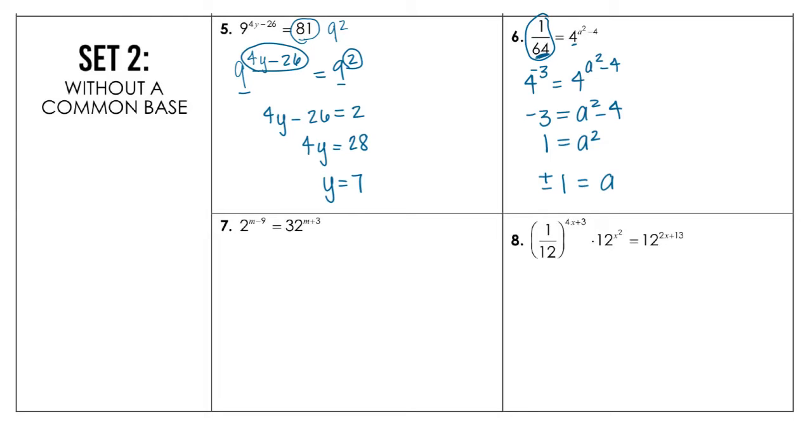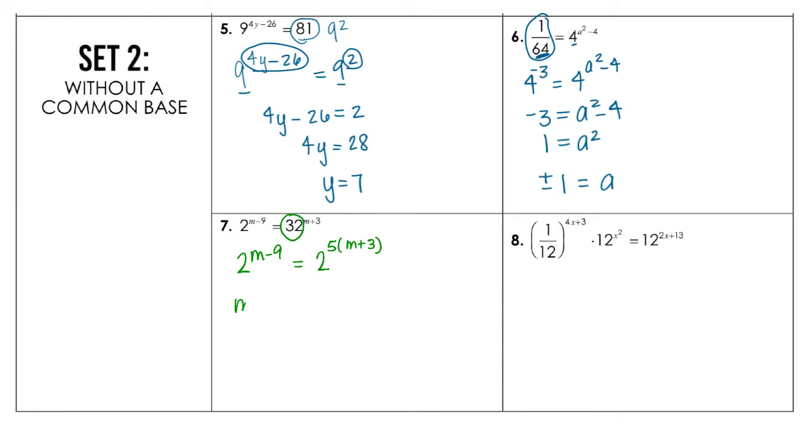Okay, number 7. Again, going through a similar process here. I will be changing 32, and so I have 2 raised to the m minus 9, and then 32 is 2 to the 5th, but I already have some exponents there, so I'm going to use that exponent rule that if I have a power raised to a power, I multiply.